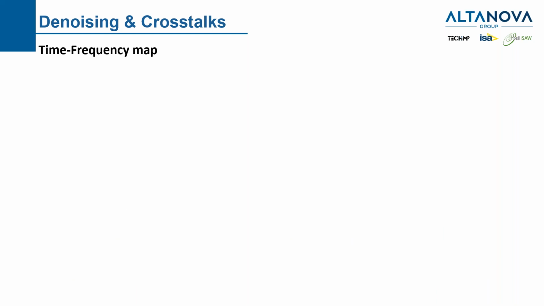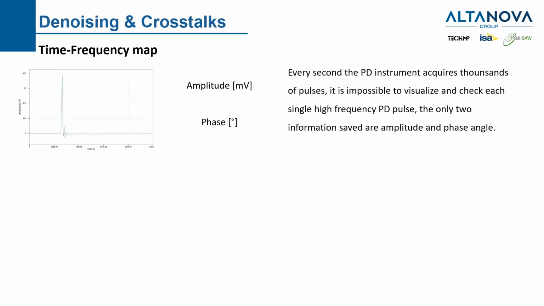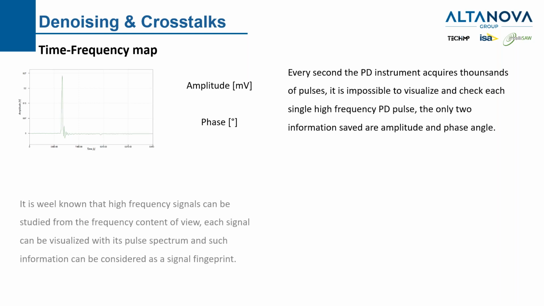Then, the main topic for the denoising is the time frequency map. Basically, the time frequency map takes advantage of the information we have in the pulse waveform. Normally, the only two pieces of information we get from the pulse are the amplitude and the phase angle, and we create the PRPD pattern with these two parameters.